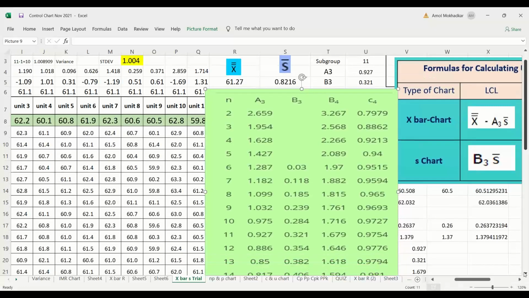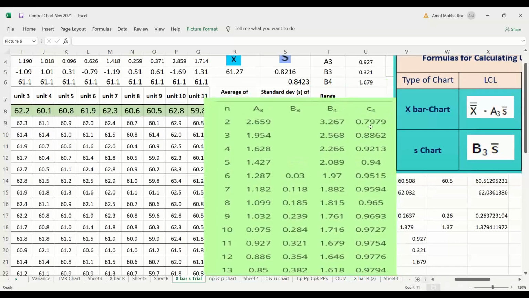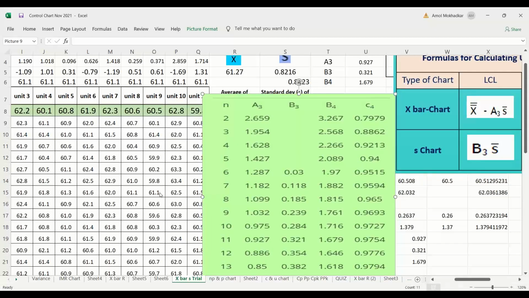The C4 value will be 0.9794, because for subgroup 11 the C4 value is 0.9754. So for S bar by C4, the S bar value is there and the C4 value is there. So this is your within subgroup variation.